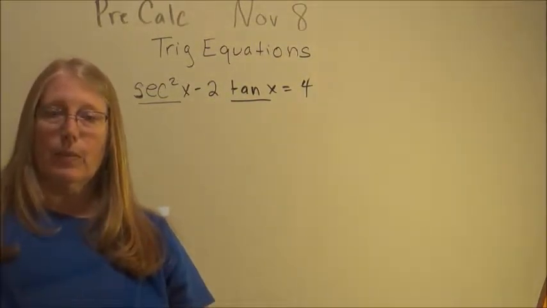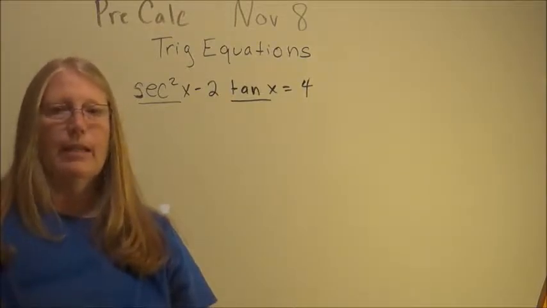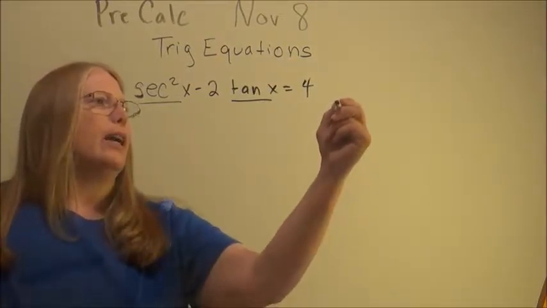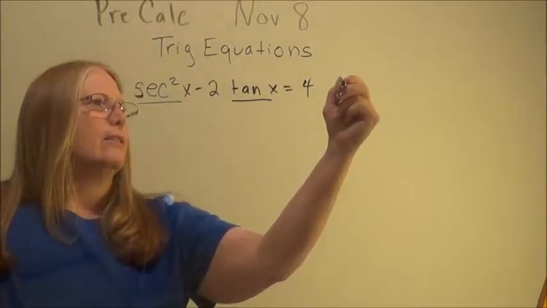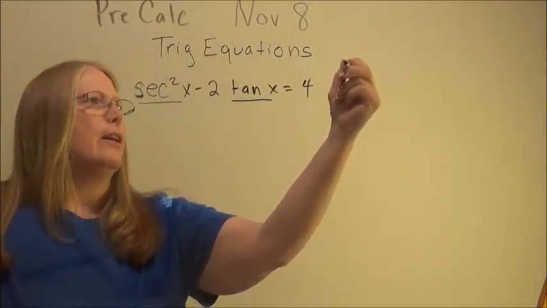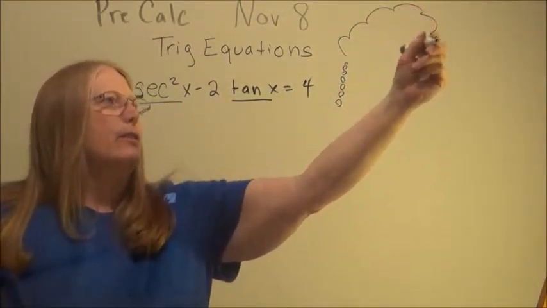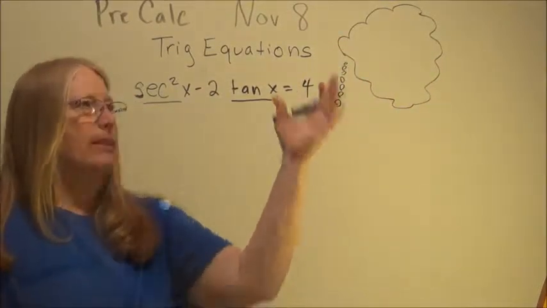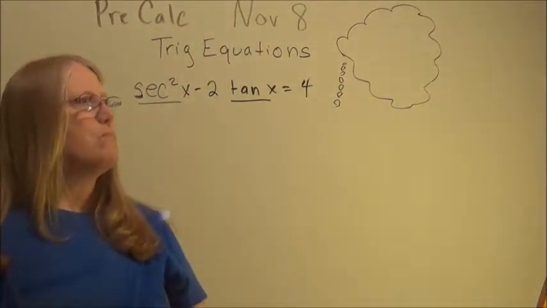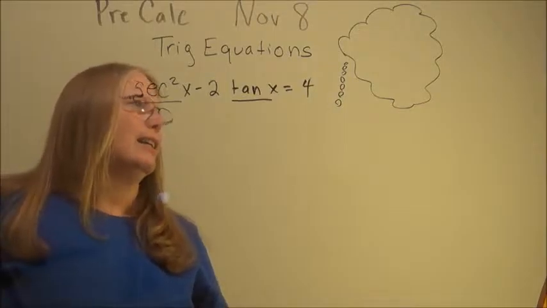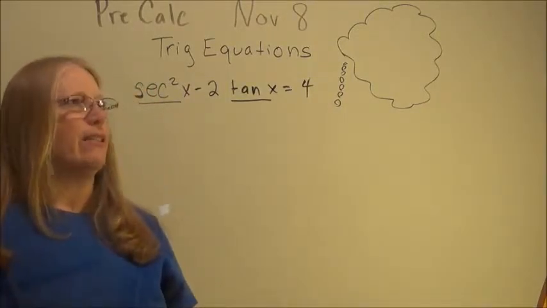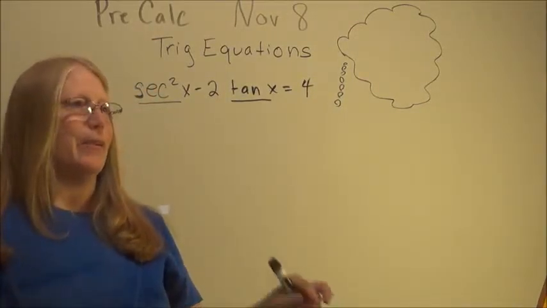So which one should it be? Well, let's see. I'm going to grab somebody's thought cloud. Whose thought cloud did I grab? It is Bree's thought cloud. All right, Bree, thank you.